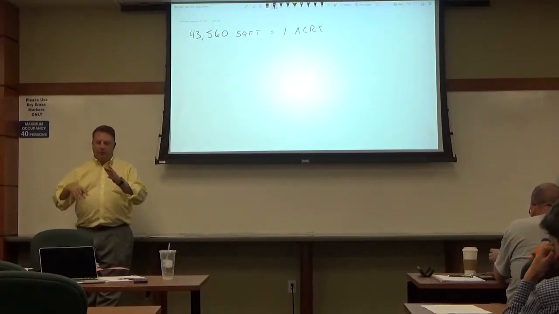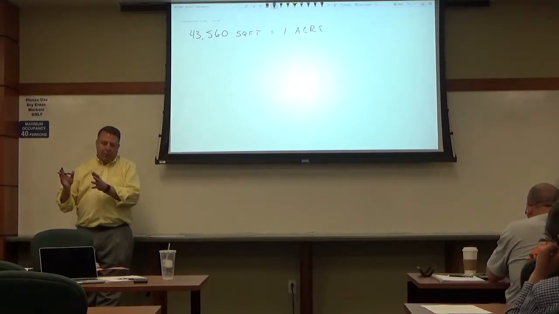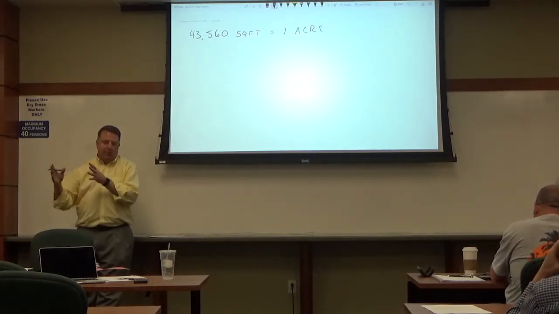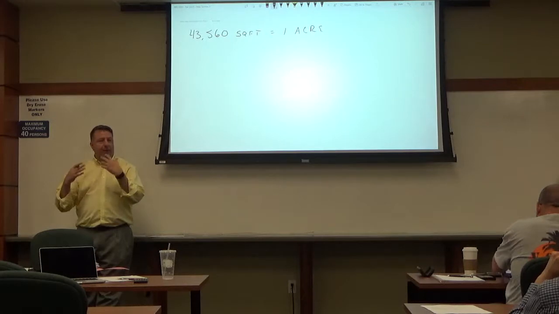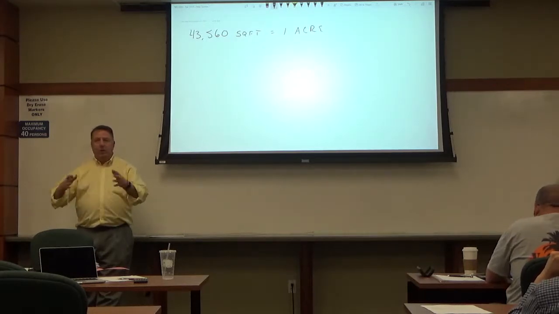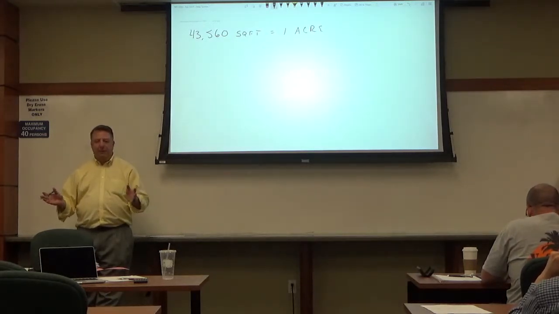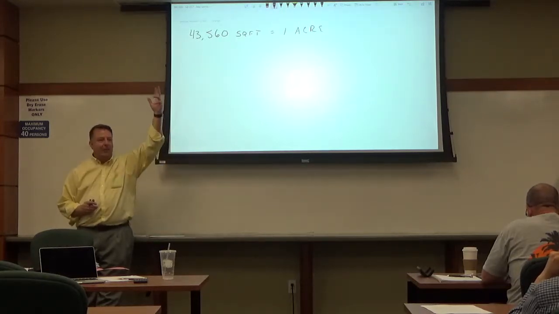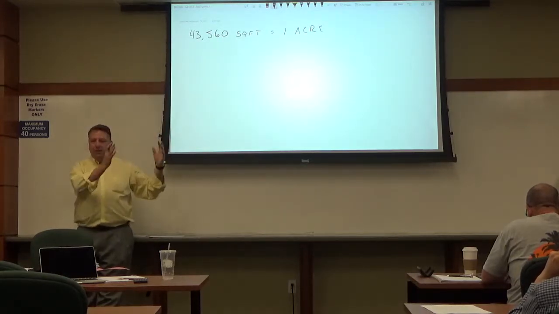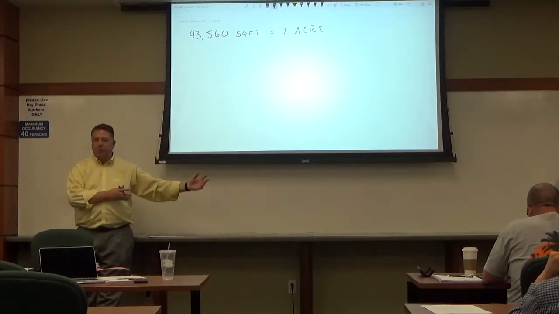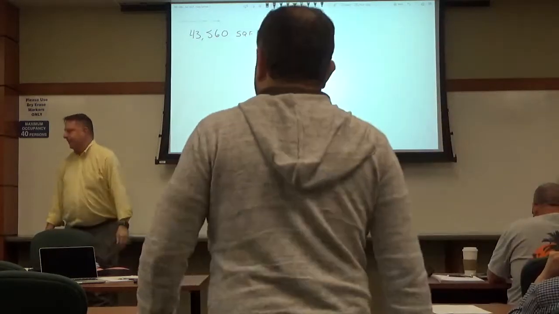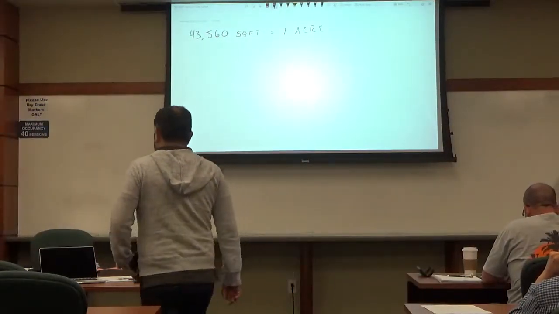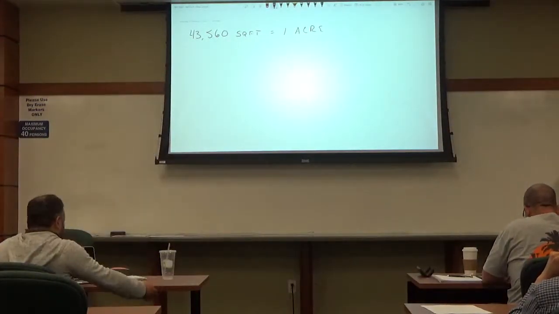Depending on what kind of product you're developing, like garden style multifamily residential, there's a different density requirement than there is for high-rise residential versus single-family residential and so forth. I'm assuming you guys talked about that kind of stuff in the land use planning class. Now, just a real quick calculation.